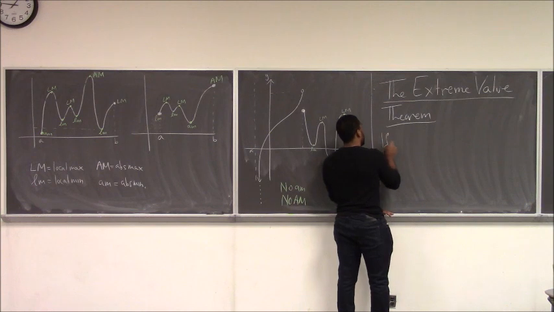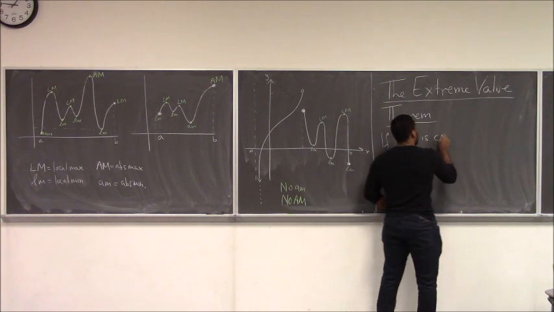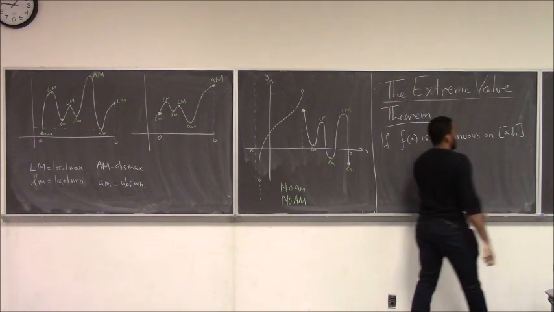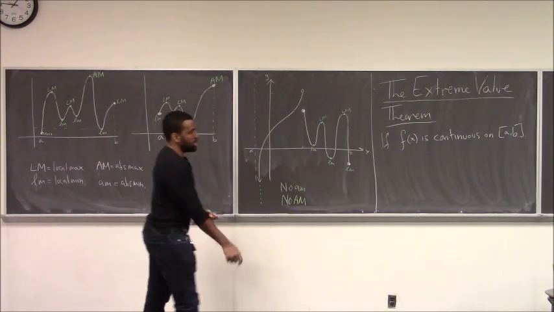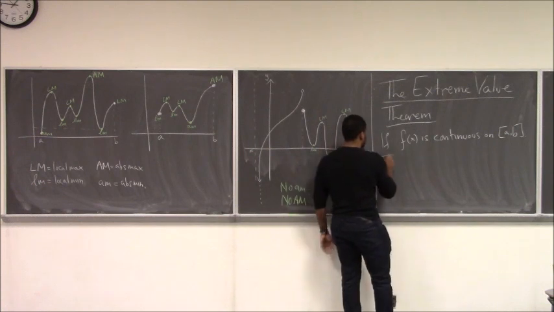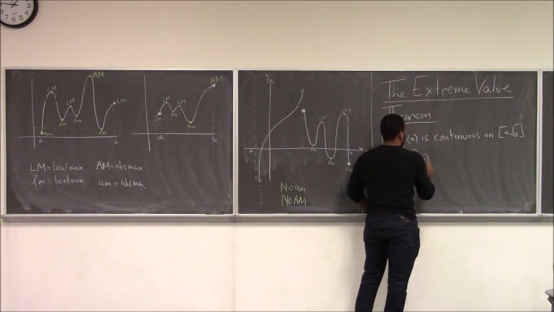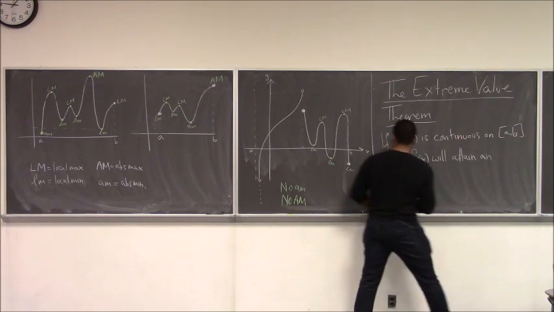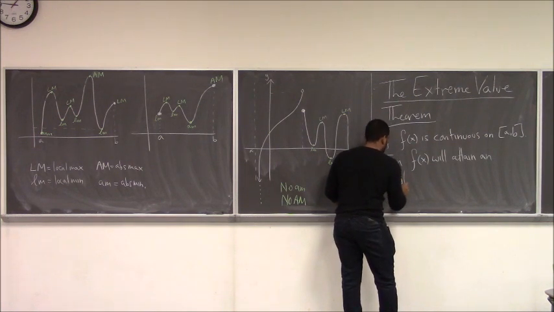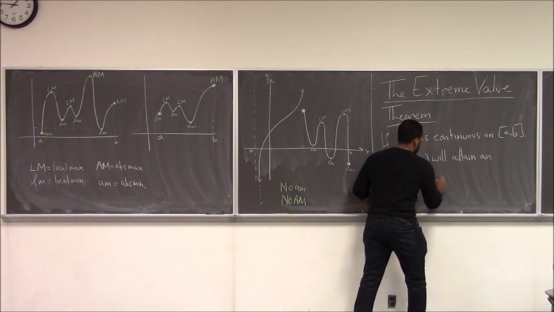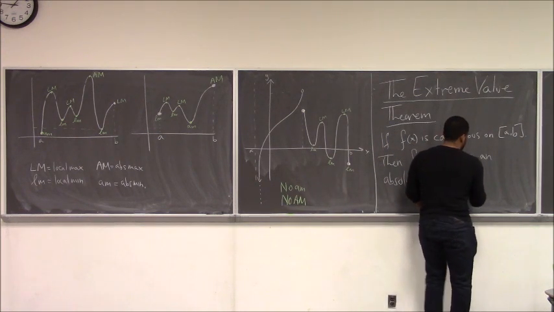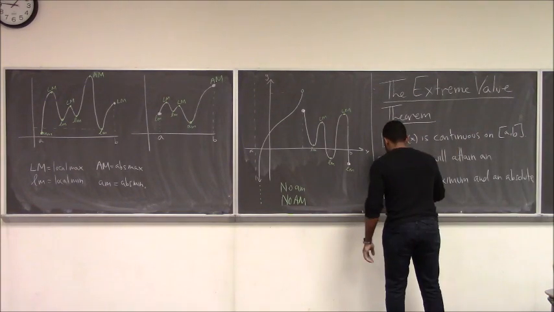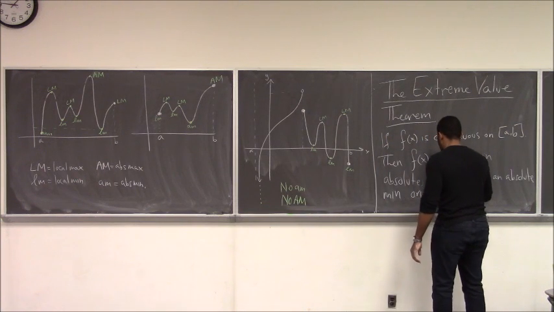So the theorem says if f of x is continuous on [a, b], and we know what continuous means, so we're saying that there is a function that is continuous on a closed interval, then f of x will attain an absolute maximum and an absolute minimum on [a, b].